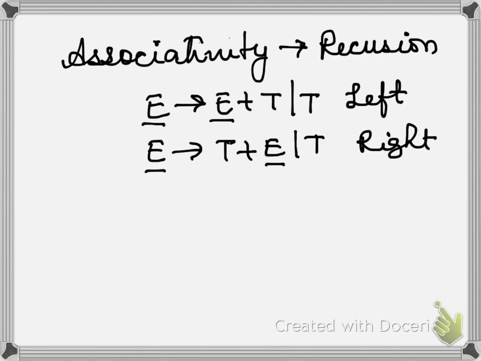So recursion is unavoidable, because if you want to take care of associativity, you have to bring in some kind of recursion.